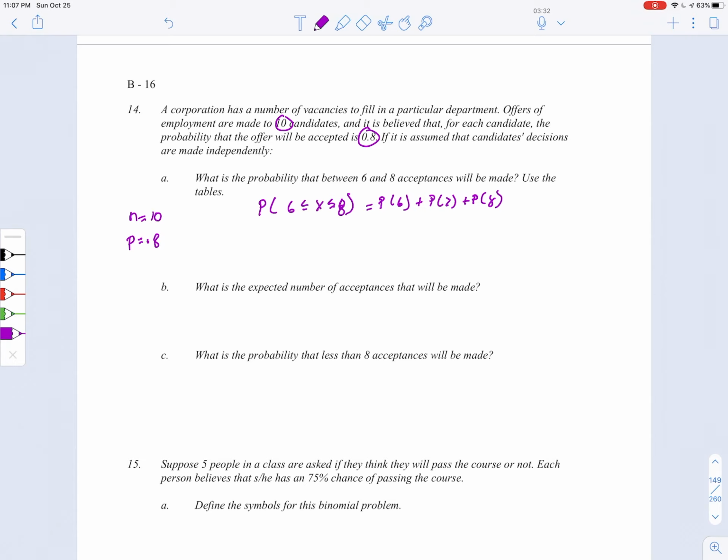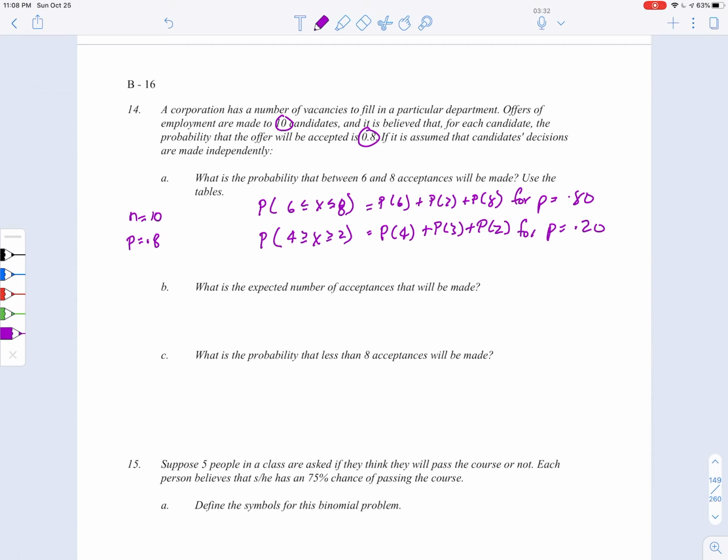Now, here's the thing to note: the probability of 6, 7, or 8 for a p of 0.8 is going to be equivalent to the probability of 4, 3, and 2 for a p of 0.2.